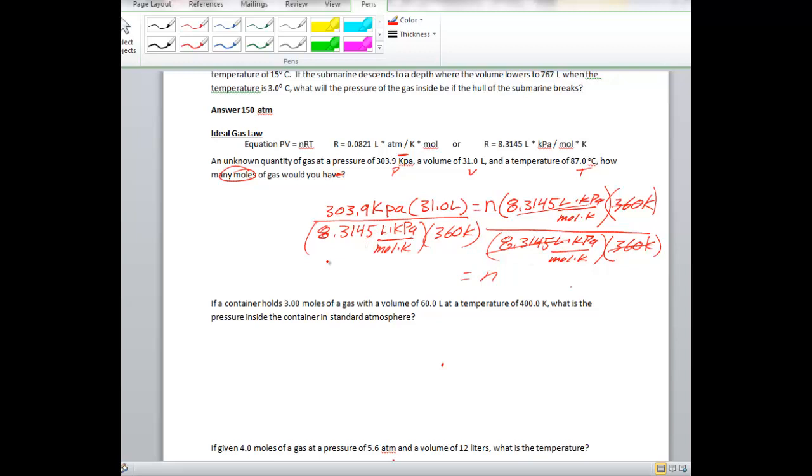Now we can just begin to cancel out some units, if that helps. So that goes, and liters is gone, and Kelvin is gone, and we're left with the only available unit as moles.